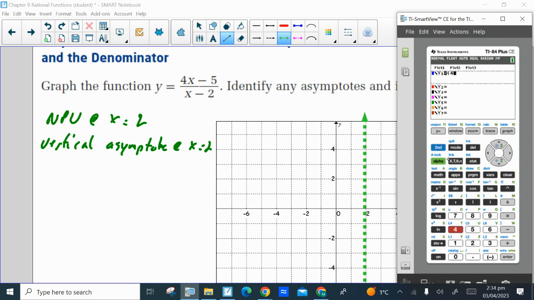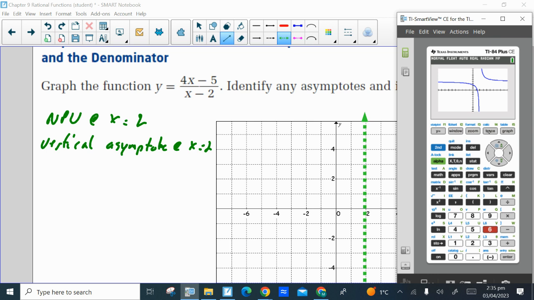So if we put 4x minus 5 in brackets to keep the numerator together, then do the same thing with the denominator. And I'll go zoom 6 to set my windows to their standard settings. The calculator doesn't actually draw asymptotes, but you can see that there is an asymptote there at x equals 2. But you can also see the horizontal asymptote is somewhere above the x-axis.